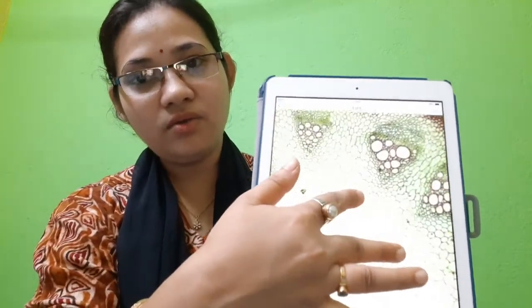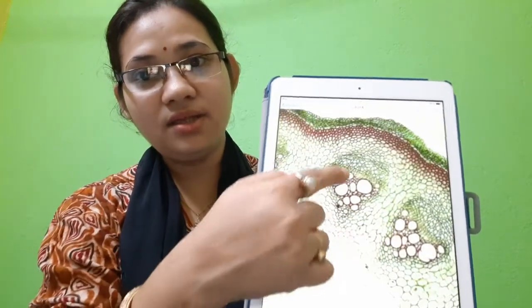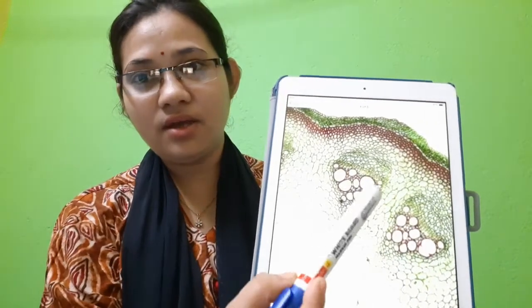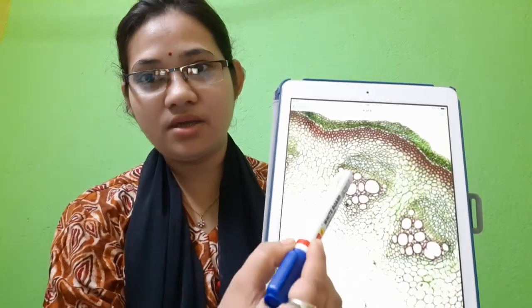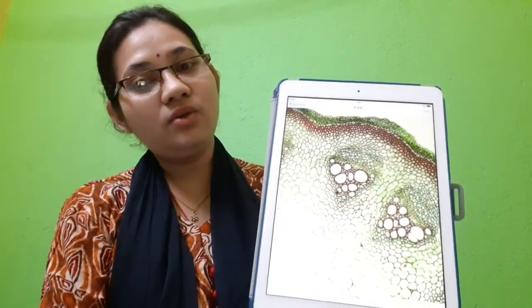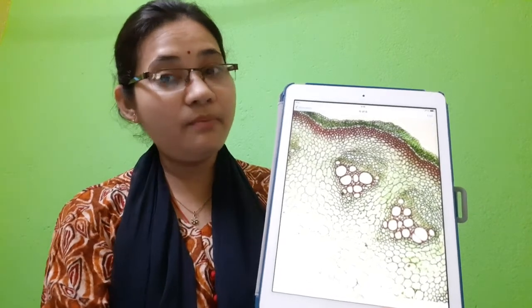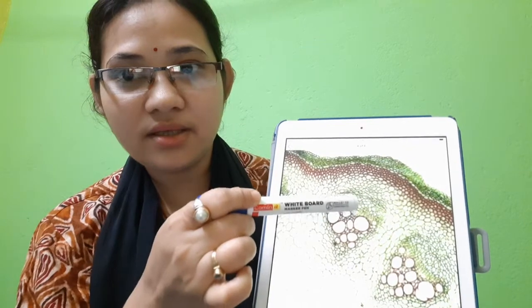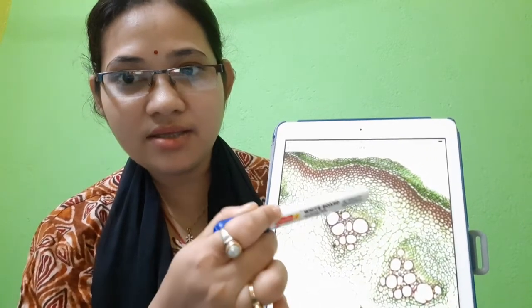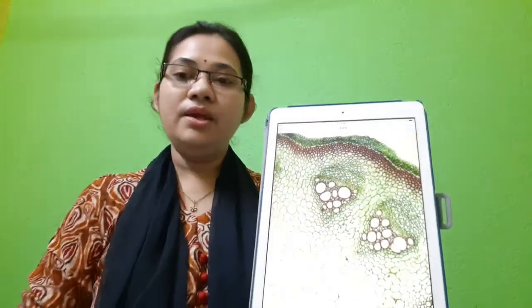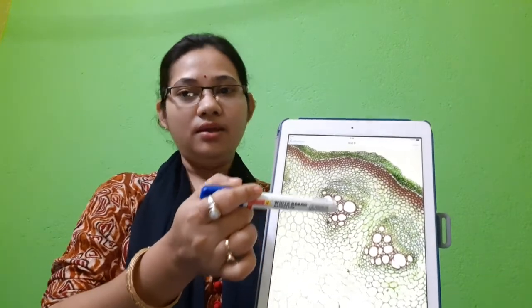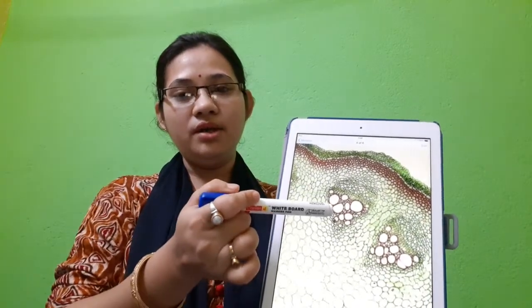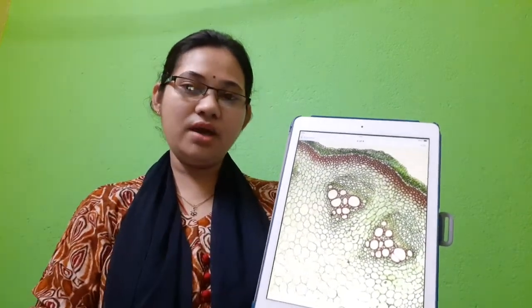If I try to show you one vascular bundle, you can see these are called the vessels. These are the vessels which have perforations in them through which water and minerals can easily pass. Then these are the cambium tissues, and these are the phloem tissues. So xylem and phloem are present in vascular bundles in the stem as well as root.